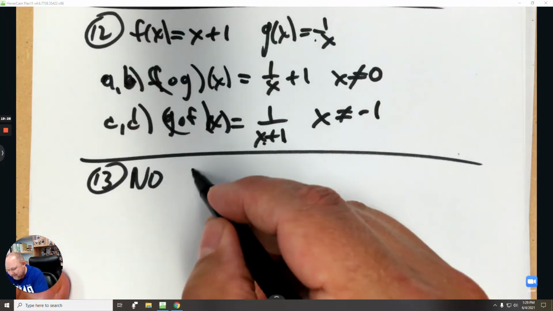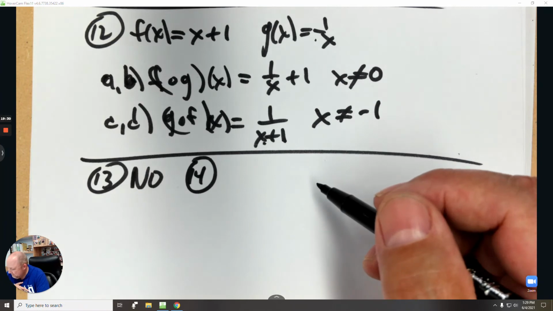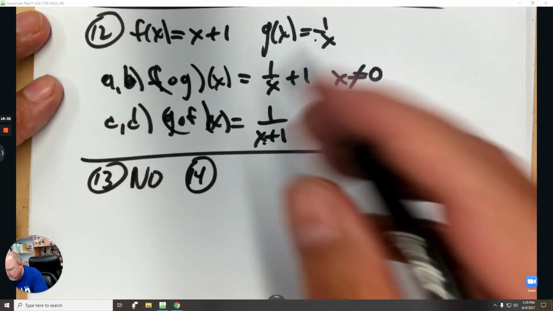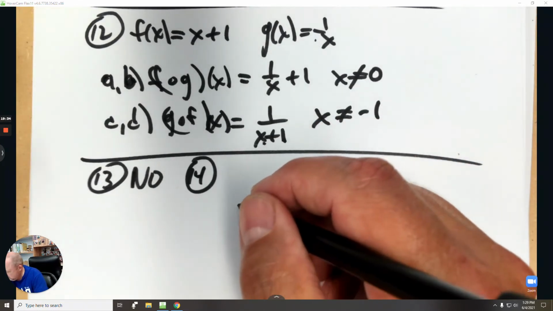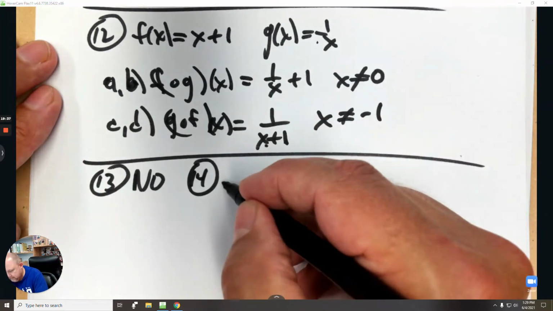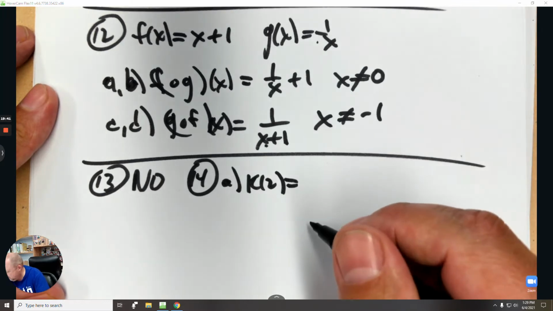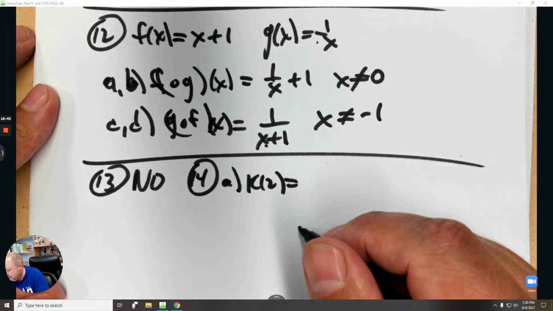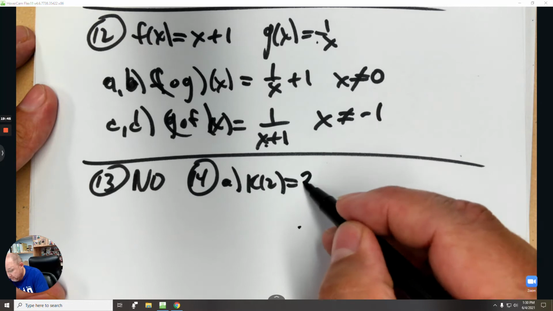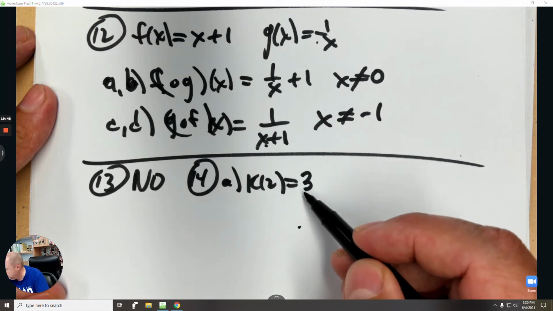Number 14, you're given a bunch of functions. So I'm not even going to write them all down. So we have k at 2. So into the k function, k at x just equals 3. There's no variables, so no matter what you plug in, the answer will always be 3.